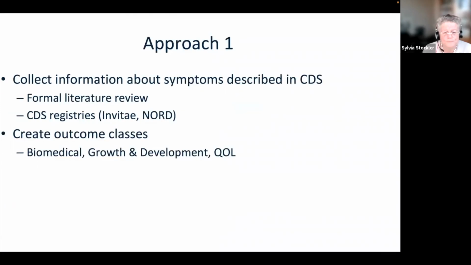Next one. So approach one, so we have two approaches. The first approach is that we will collect information about symptoms with a formal literature review. I mentioned that already before. So we need to know from what has been published how often an outcome or a manifestation occurs in patients. And so there are ways to do the literature review.